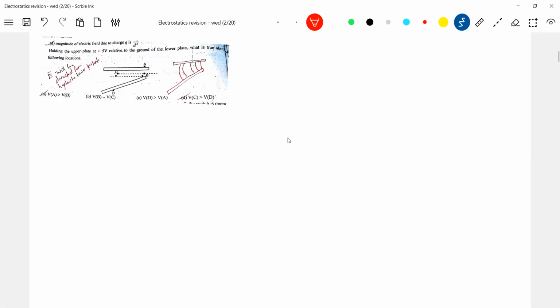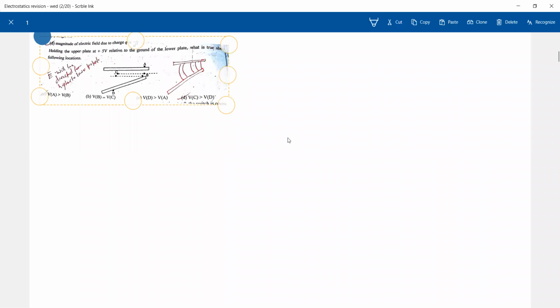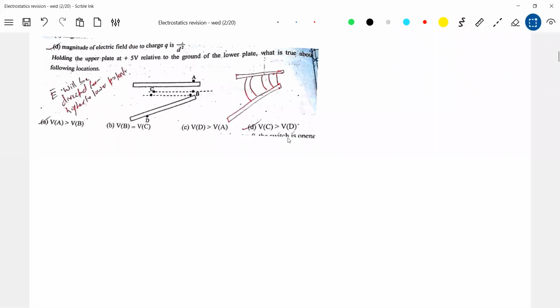Let me write that one. I'll magnify the diagram. So this is at plus 5 volt.